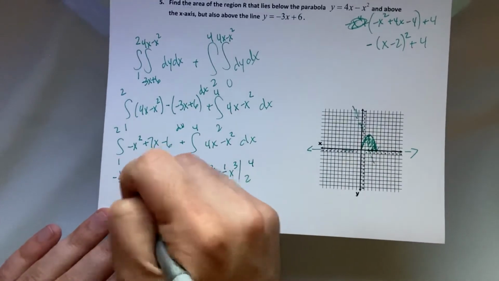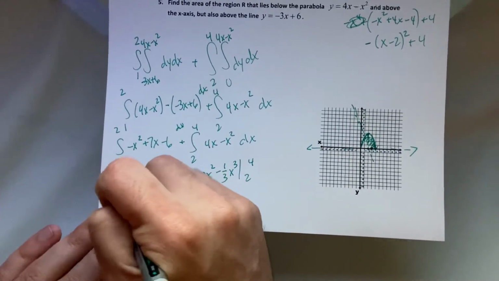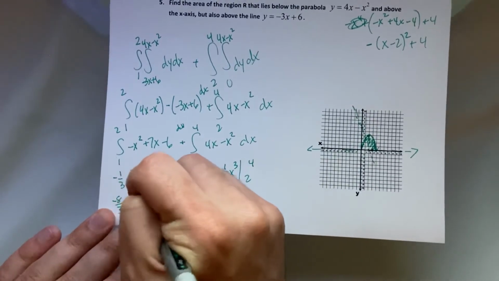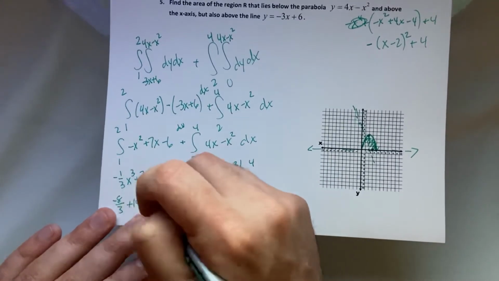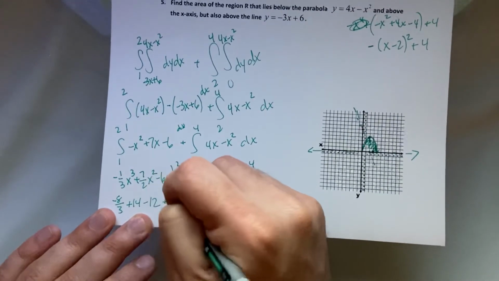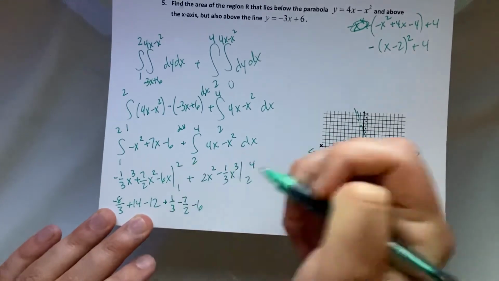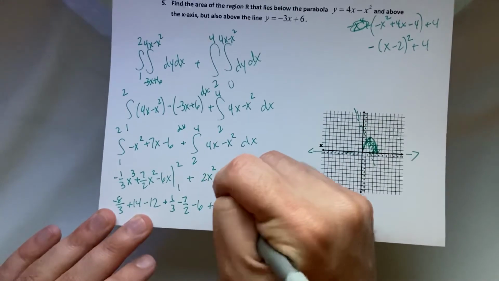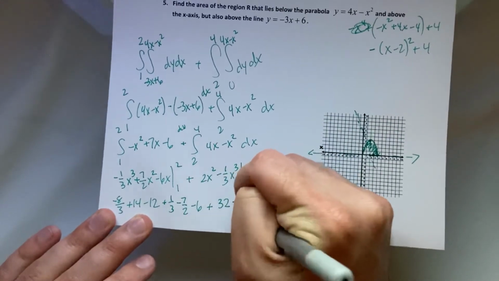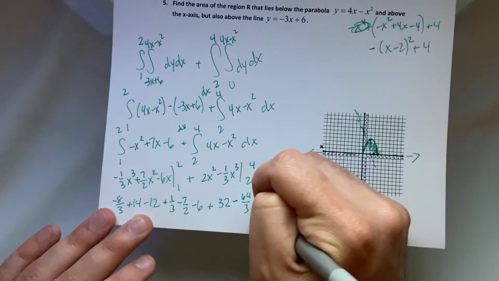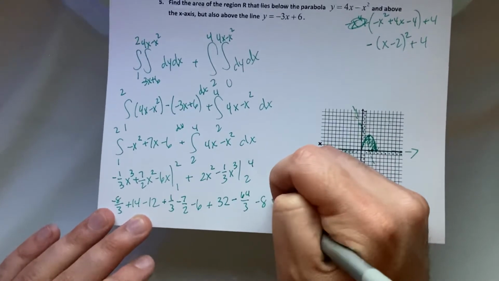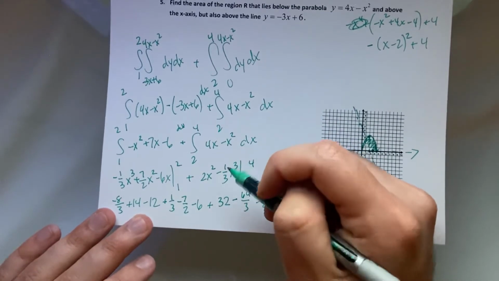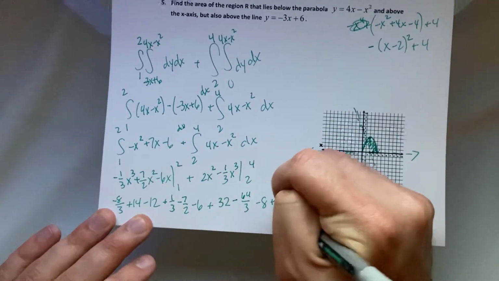Okay, so 2 cubed is 8, so that's negative 8/3 plus 14 minus 12, minus negative 1/3, so plus 1/3 minus 7/2 minus 6. And here we've got plus 32 minus 64/3, then minus 8, minus negative 8/3, so plus 8/3.